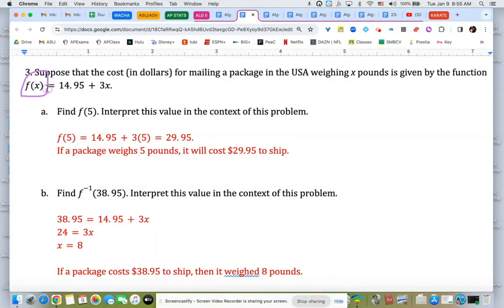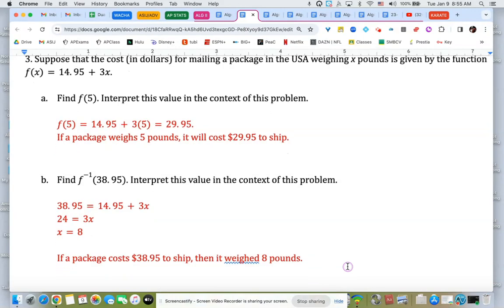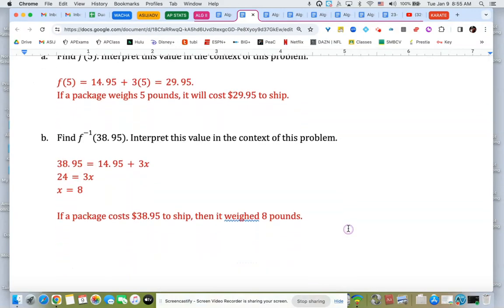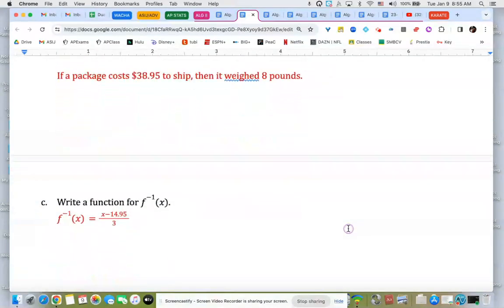The f of x is in dollars. So when you see this, my brain goes, well, 38.95, that's like a price, right? That's not pounds, probably. It could be, but it's probably not. It's probably dollars. So that goes in where the dollars go, and you're actually solving for pounds, right? Solving for the inverse. Okay. That's good stuff right there. Make sure you understand it.